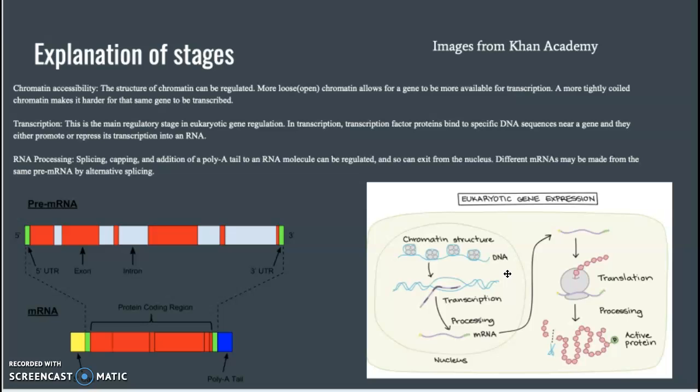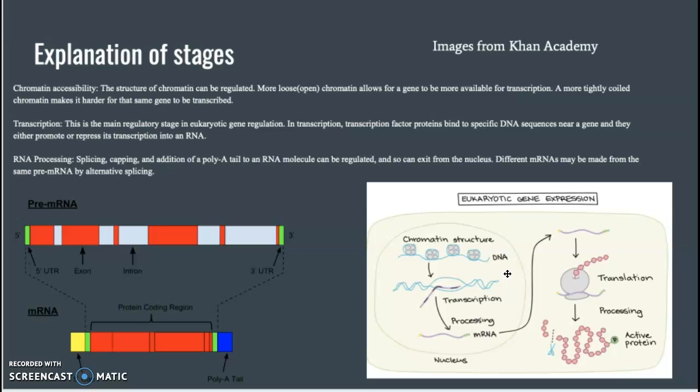Transcription. This is the main regulatory stage in eukaryotic gene regulation. In transcription, remember, we're making the mRNA. Transcription factor proteins bind to specific DNA sequences near a gene, and they either promote or repress its transcription into an RNA. RNA processing. Splicing, capping, and addition of a poly A tail are these processes in RNA processing.